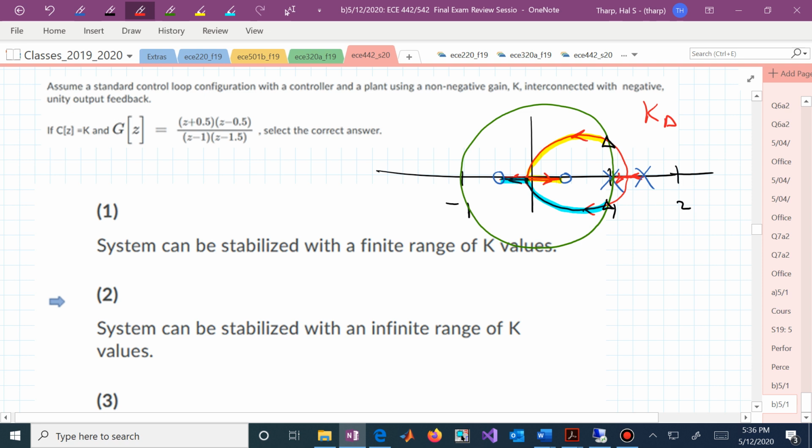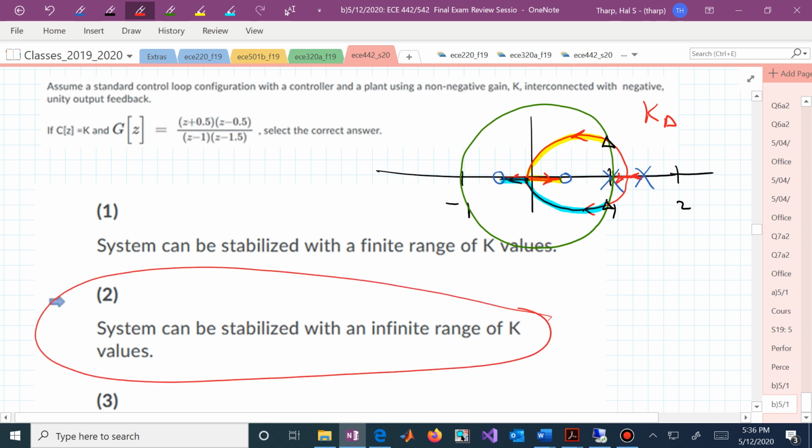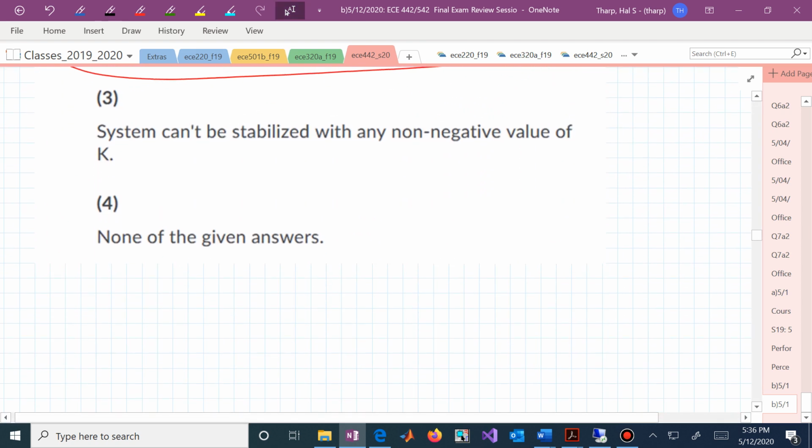Even though this is a finite distance in the z-plane, we actually can stabilize this system with an infinite range of gain K, because now our K for stability lives between some lower limit and goes all the way up to infinity, as long as K is bigger than 0. So K has an infinite range, and that's why answer 2 is correct for this particular problem.